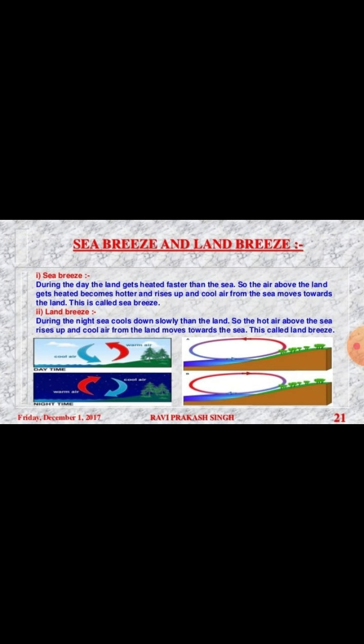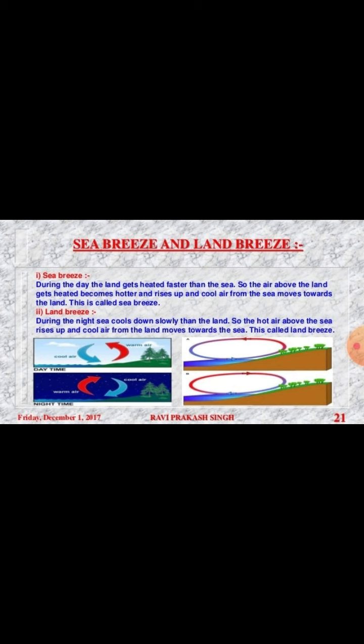Now we see sea breeze and land breeze. Where do you get the sea breeze? During the day, the land gets heated faster than the sea. So the air above the land gets heated, becomes hotter, and rises up, and cool air from the sea moves towards the land.